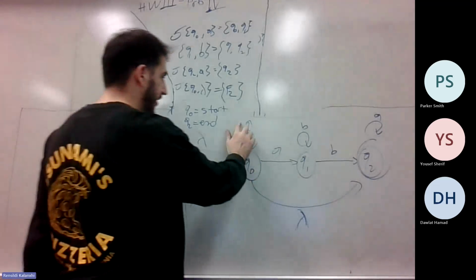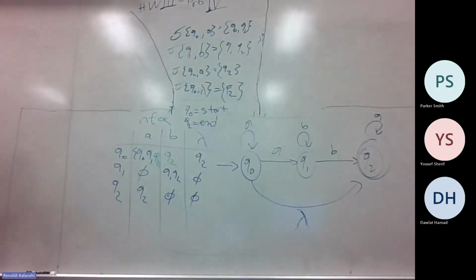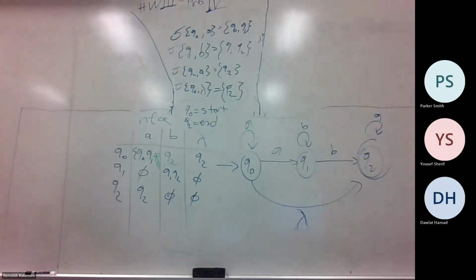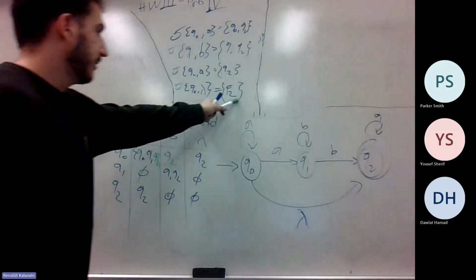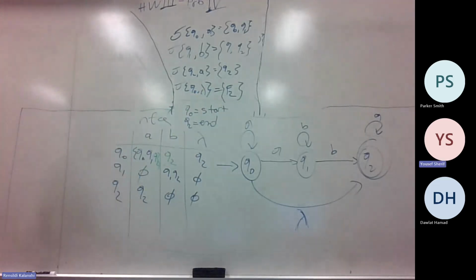Because of the A here, free flowing to Q2. Any questions so far? Under the lambda column, how did you know to put Q2 there? Oh, because it's saying right here, Q0 lambda Q2. Oh, I see. Okay, thank you.